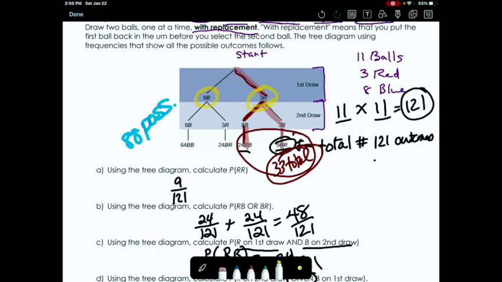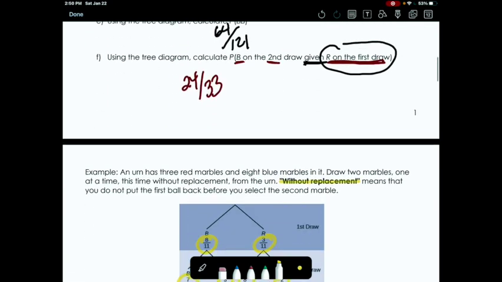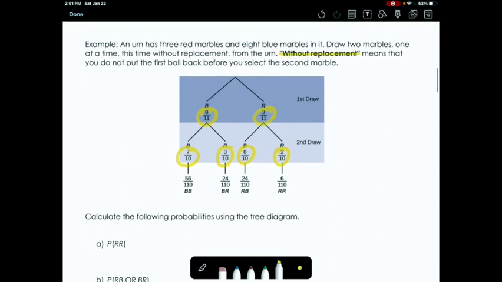This one here shows that I have 8 balls in there, and that's blue balls, and then this one here has 3 red balls. So on this tree diagram, it's showing the frequency or the number of balls, but down here, it's actually showing the probabilities at each step.